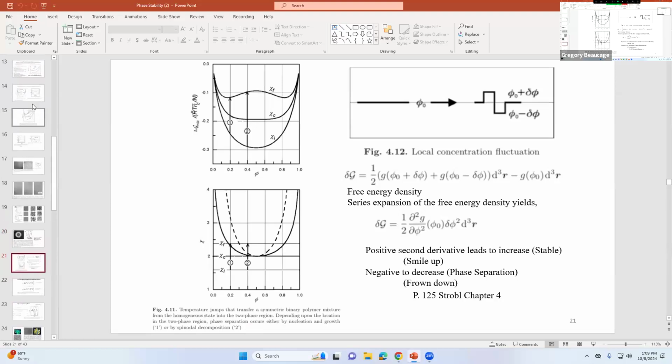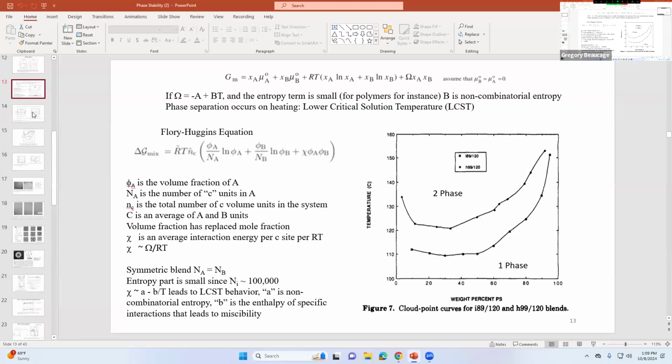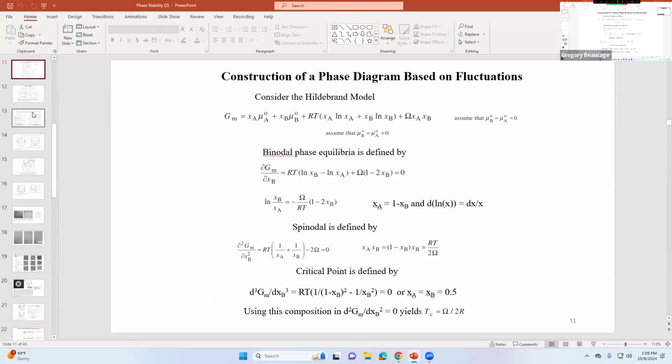Anyway, so that's kind of the broader picture of what's going on with the spinodal. You have to know about this derivative thing to figure out where the spinodal is. So the first derivative gives you the binodal, the second derivative gives the spinodal. So that's the inflection point in the free energy. And the third derivative gives the critical point, which you can solve directly.